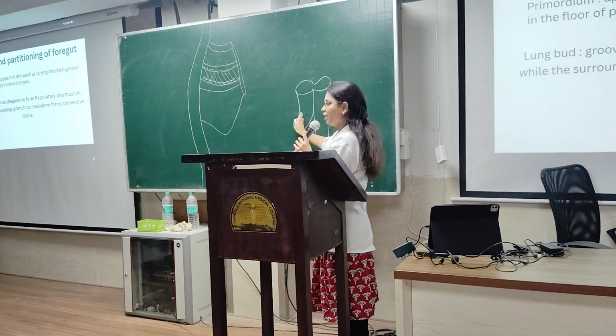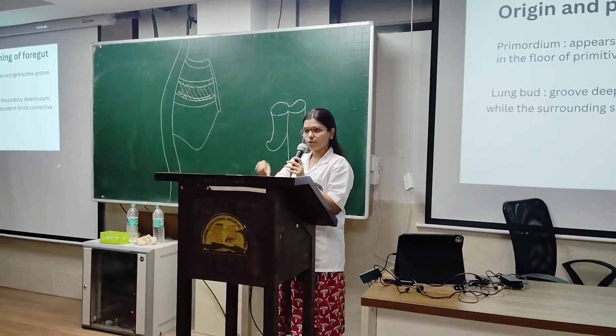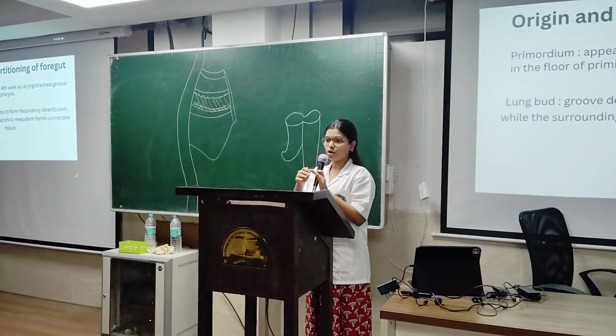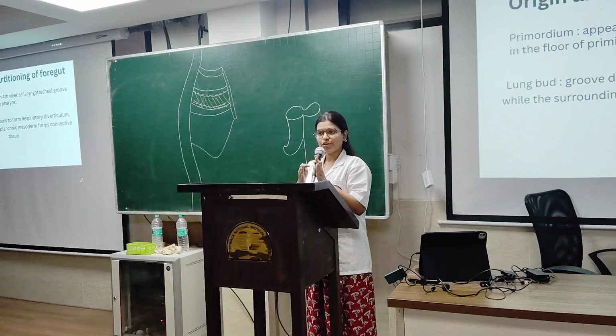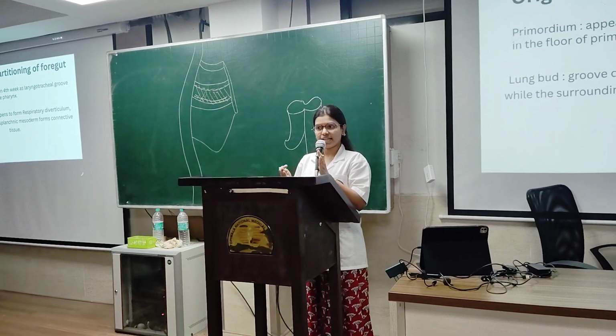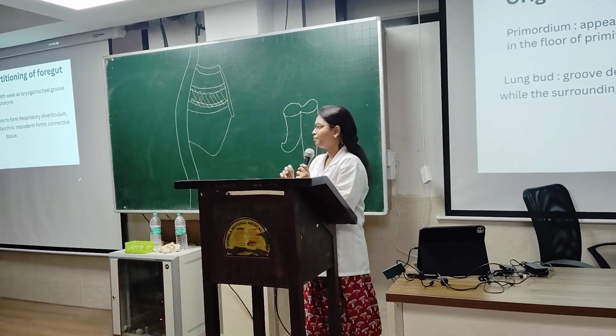The caudal end of the respiratory diverticulum grows downwards and enters the thorax to form the two lung buds, and the cranial end of the respiratory diverticulum forms the laryngotracheal tube, which forms the future larynx and trachea.